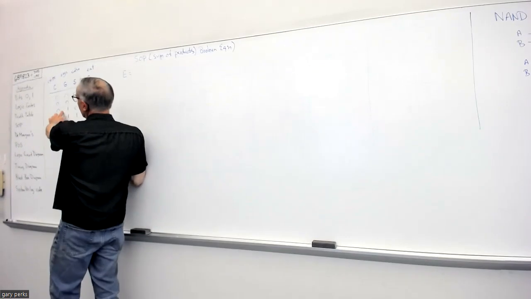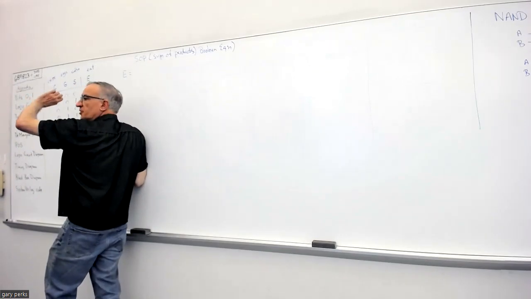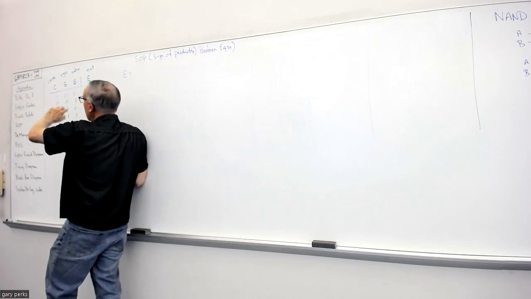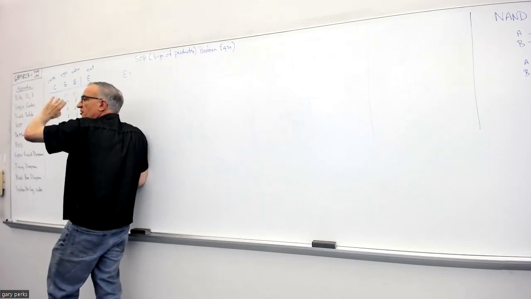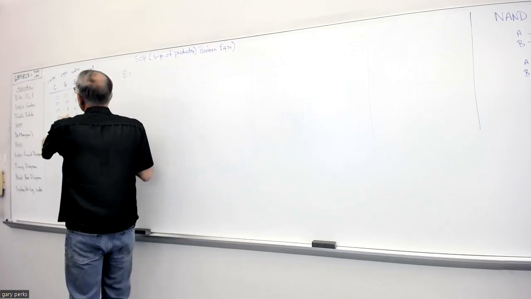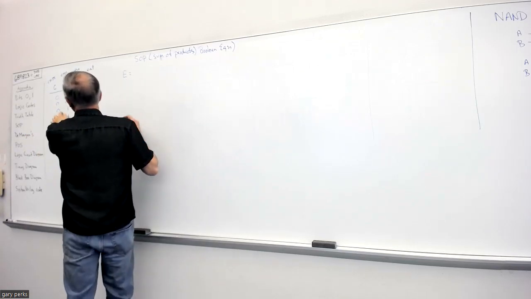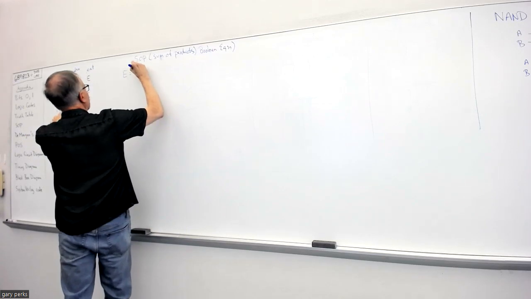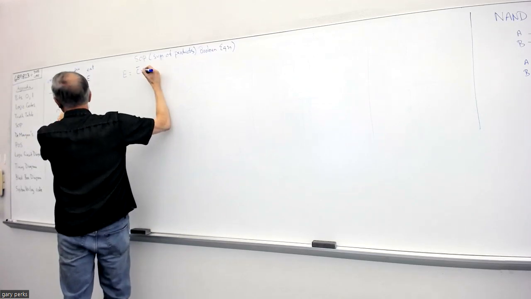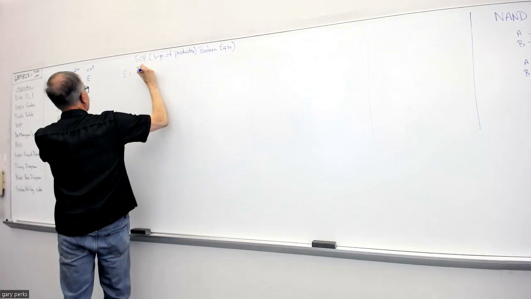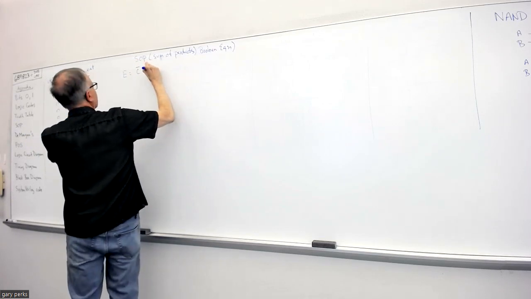Wherever there's a 0, we're going to put a not over that input because we don't have it. And wherever there's a 1, we're not going to put a not over it because we have it. Looking at this row right here, I don't have any chips, so I'm going to put not C. I have eggs, so that's just G. I don't have salsa.